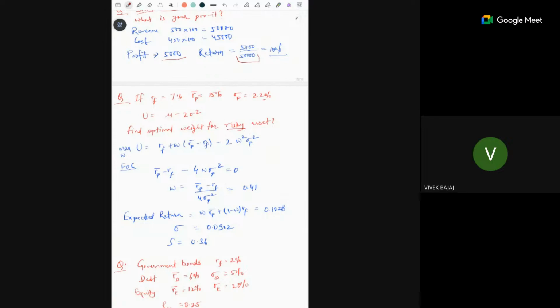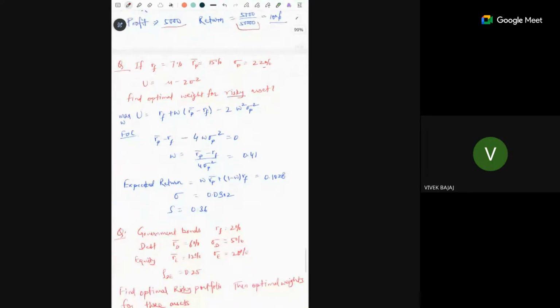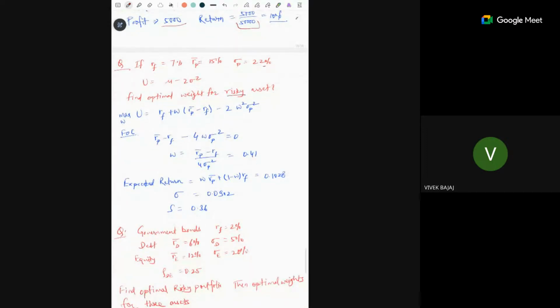The mu will be RF plus W times (RP minus RF), that is the expected return, and variation only comes from the risky asset, that would be equal to W square sigma P square. I maximize this with respect to W, so I just differentiate it with respect to W, and from that I can get the value of W. So W comes out to be this. If I put in these values, then the weight is 0.41.